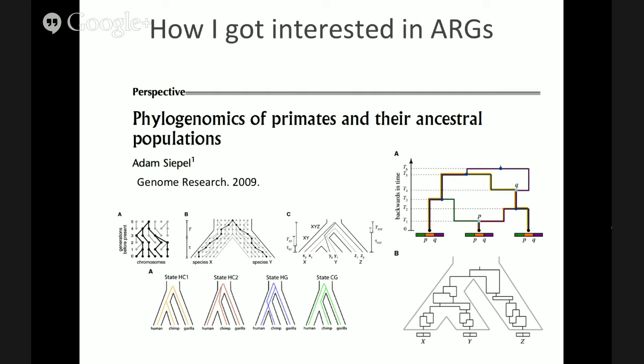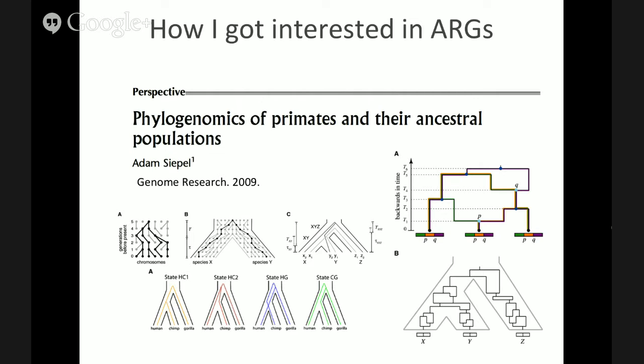And I came across this review paper by Adam Siepel in Genome Research in 2009, and he was talking about population genetics, but he was describing how even in population genetics there is an equivalent of the phylogenetic tree, just kind of like a souped up version of it that can also represent recombination.